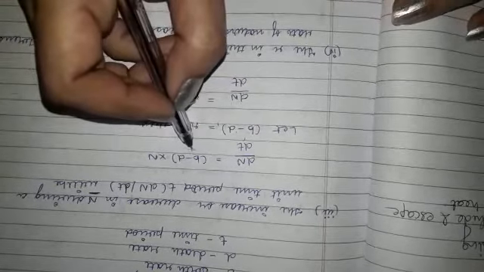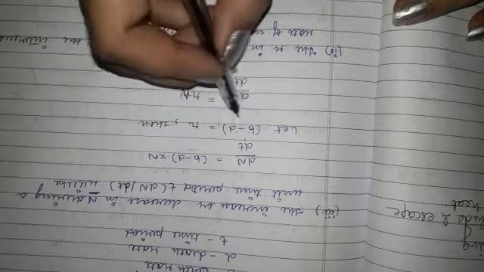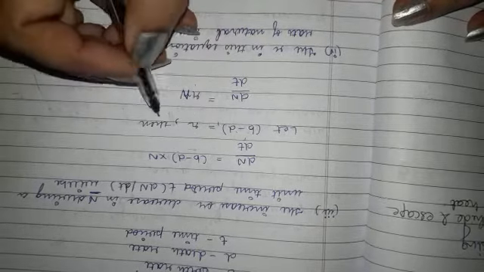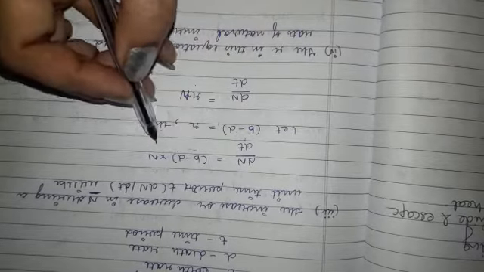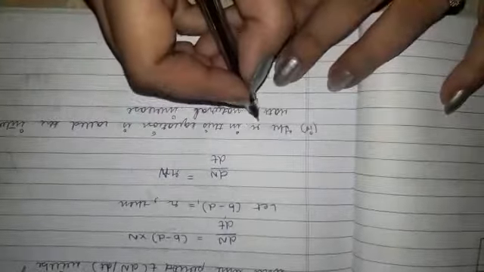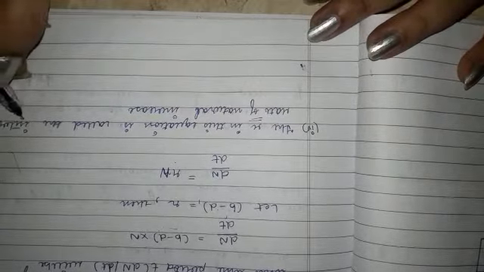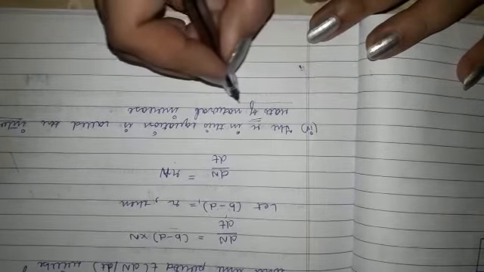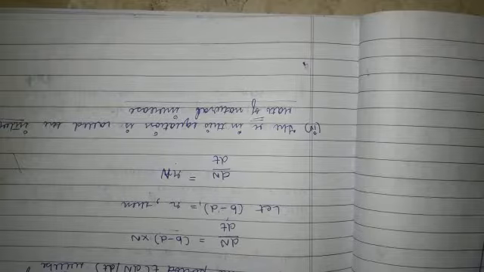Let us consider b minus d is equal to r. Then dn upon dt will become r into n. What is r? r is called the intrinsic rate of natural increase.